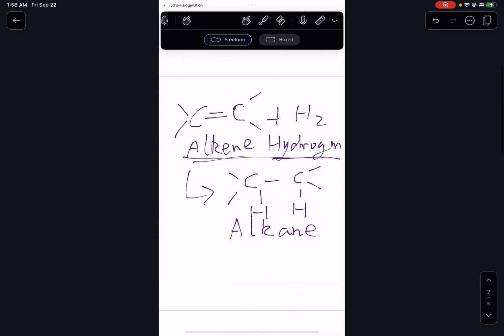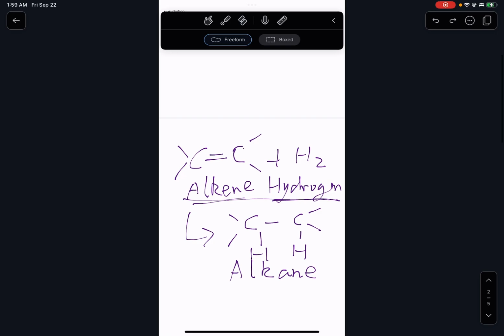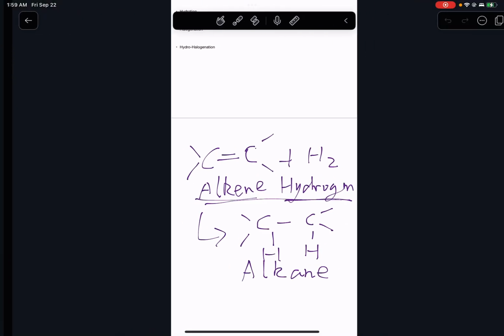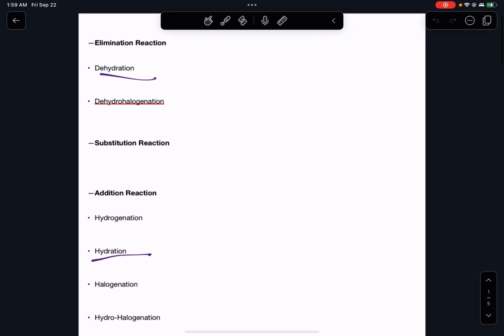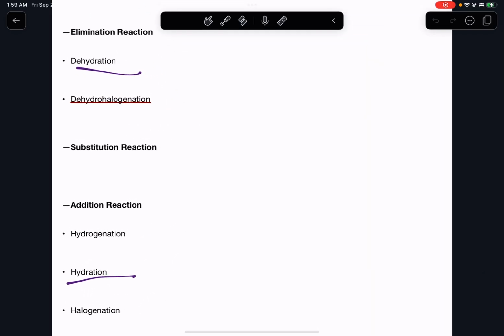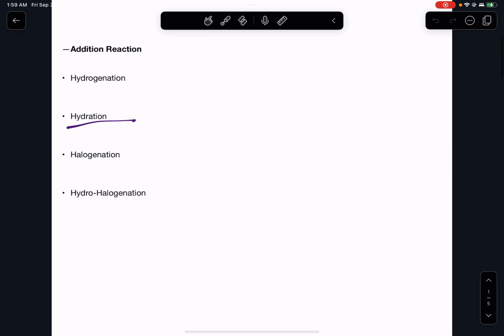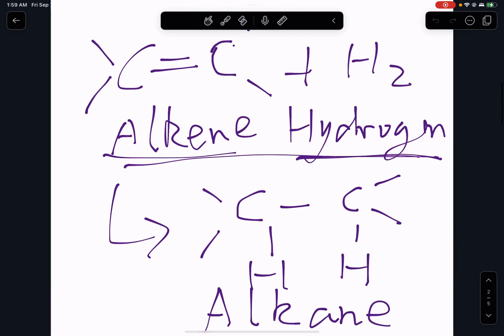Next is dehydrohalogenation, which we can explain with one example real quick.